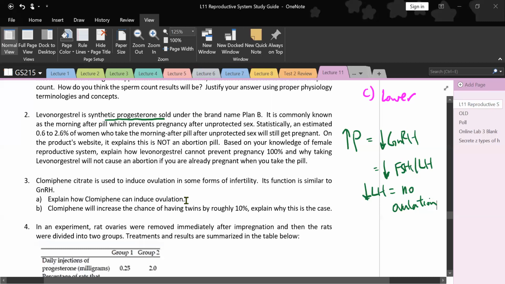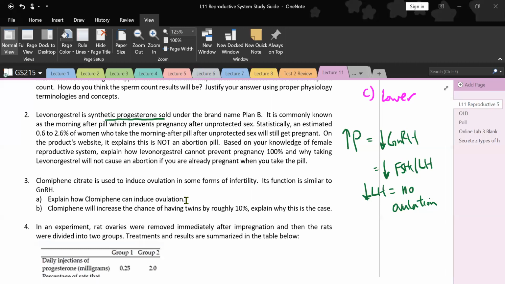Well, it's the opposite of what we are trying to discuss in number 2, right? If it functions like GnRH, then taking the clomiphene will increase the amount of FSH and LH in the body, right? So if you increase the amount of FSH, then you will increase the number of follicles that might be developing. So instead of having one follicle develop in one ovary, maybe now you would have both ovaries developing an egg, right?